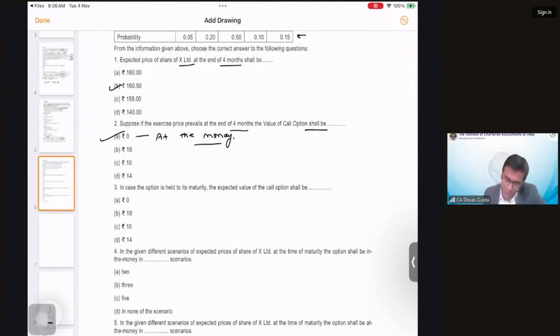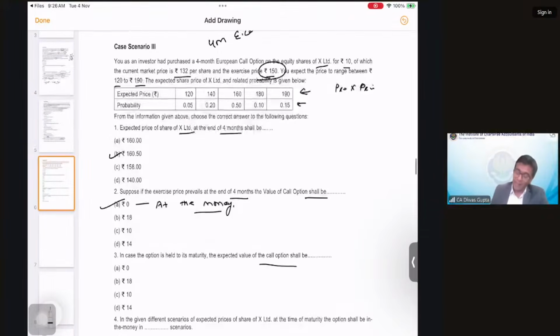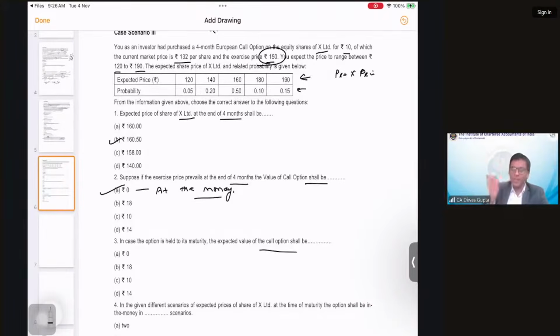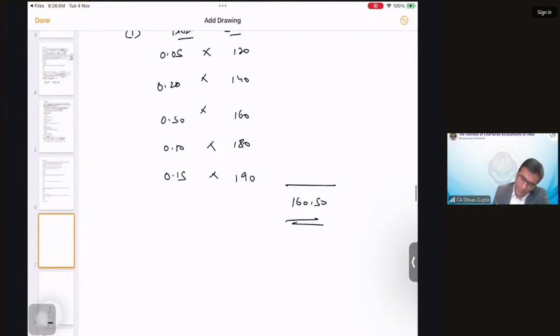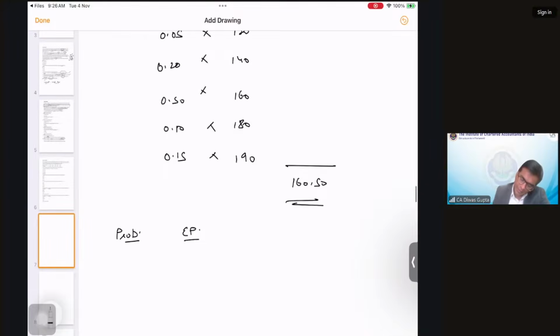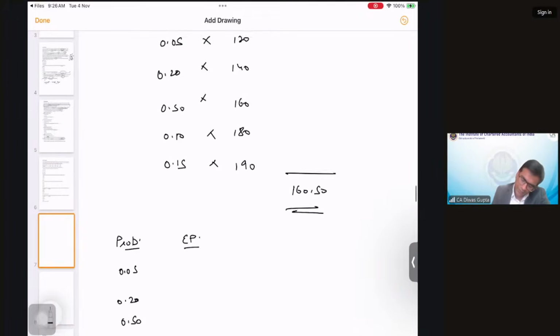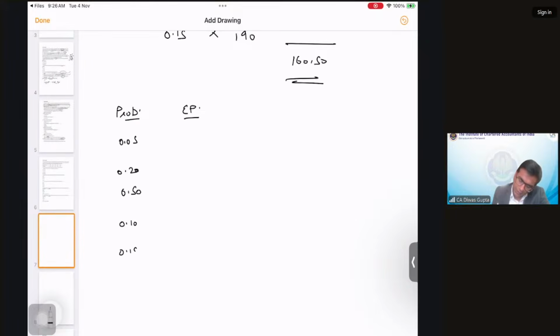In case the option is held to maturity, the expected value of the call option shall be. Now they're asking, in case there are different expected prices, that you calculate the expected value of the option. In this case, let's first plot the probability, exercise price: 0.05, 0.20, 0.50, 0.10, and 0.15.